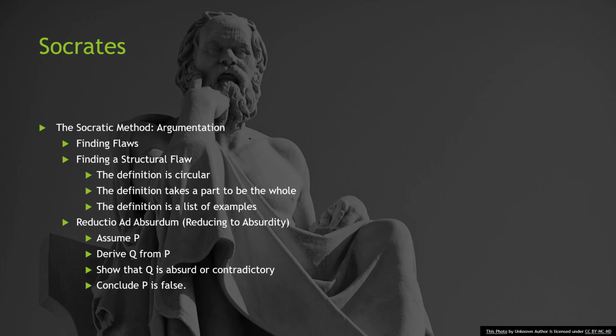If a definition takes the part to be the whole, it's bad. And if a definition just gives you a list, which gives you no understanding of the common property, it's going to be a bad definition. With some notable exceptions, because there are cases when you do have to use examples rather than an argument.